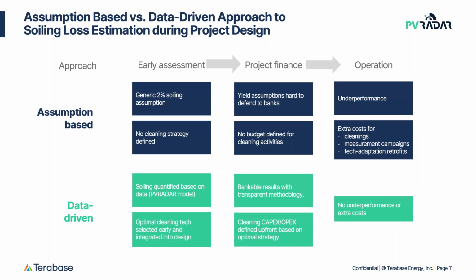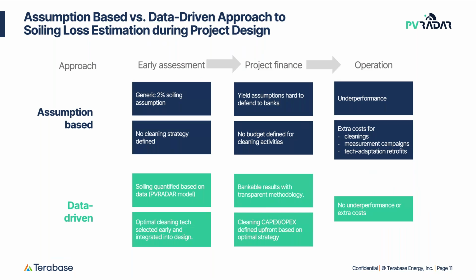This then leads, during project finance, to yield assumptions that are difficult to defend to banks. They may ask questions, where do these assumptions come from? And then really there's no very good answer to give. On top, there's no budget defined for cleaning activities, which then leads during operation to what you have been describing in the poll, and that is unexpected underperformance.